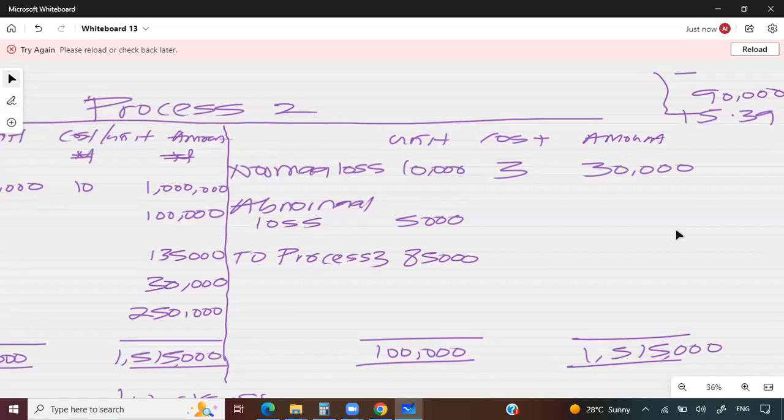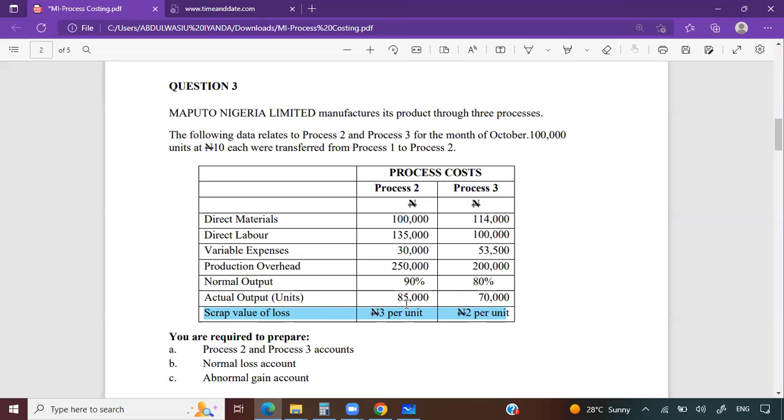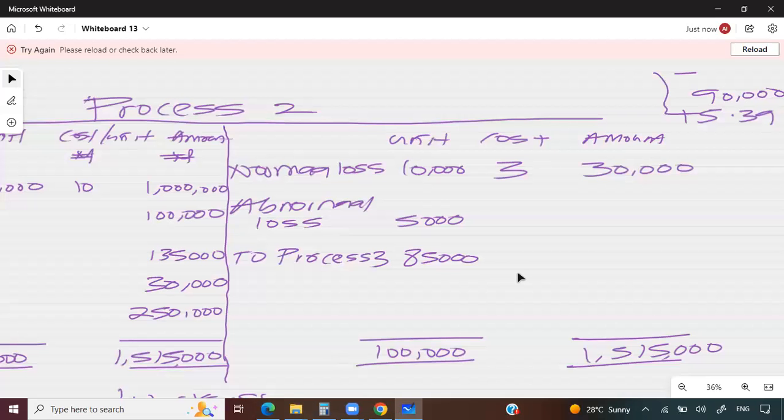What you are transferring to process 3 will be given to you in process 2. You transfer 85. What I'm really interested in is at what price? What is the cost per unit that you transfer?